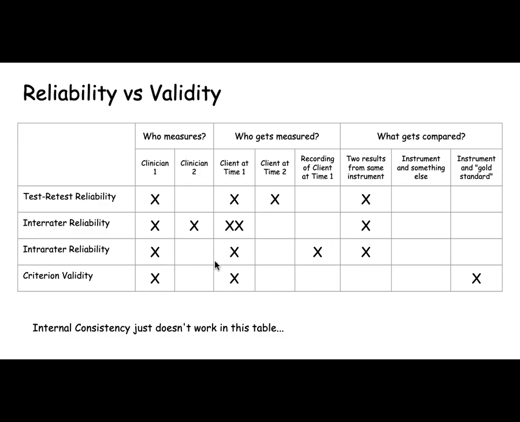Intra-rater reliability, the 1 clinician, 1 client at time 1 and a recording, you're comparing those results. Criterion validity, you've got 1 clinician, you're measuring the client, and you're comparing it to some sort of gold standard.